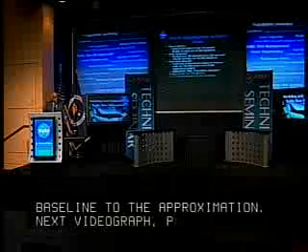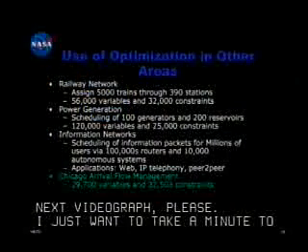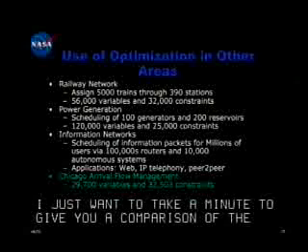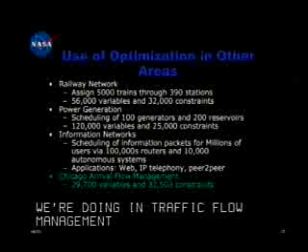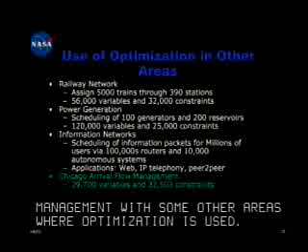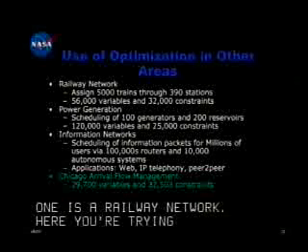I just want to take a minute to give you a comparison of the optimization we are doing in traffic flow management with some other areas where optimization is used. One is a railway network. Here you're really trying to assign 5,000 trains to 390 stations.